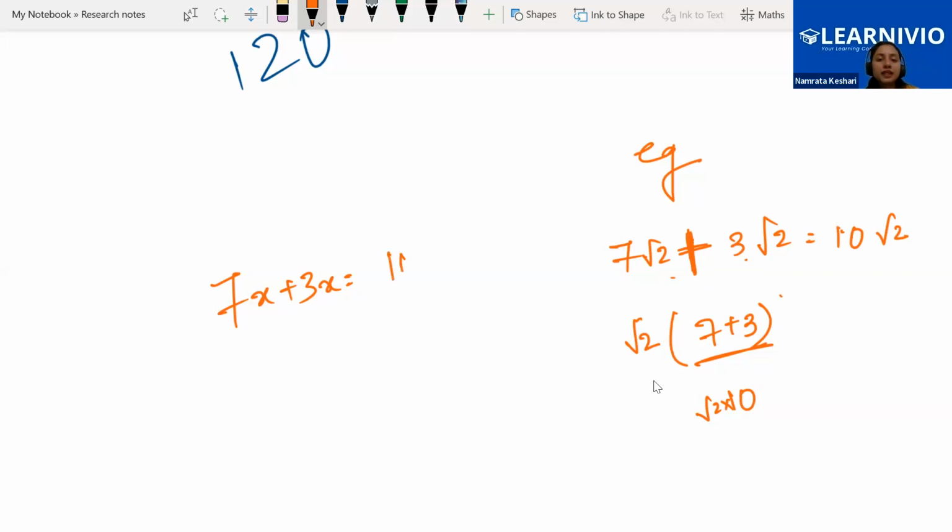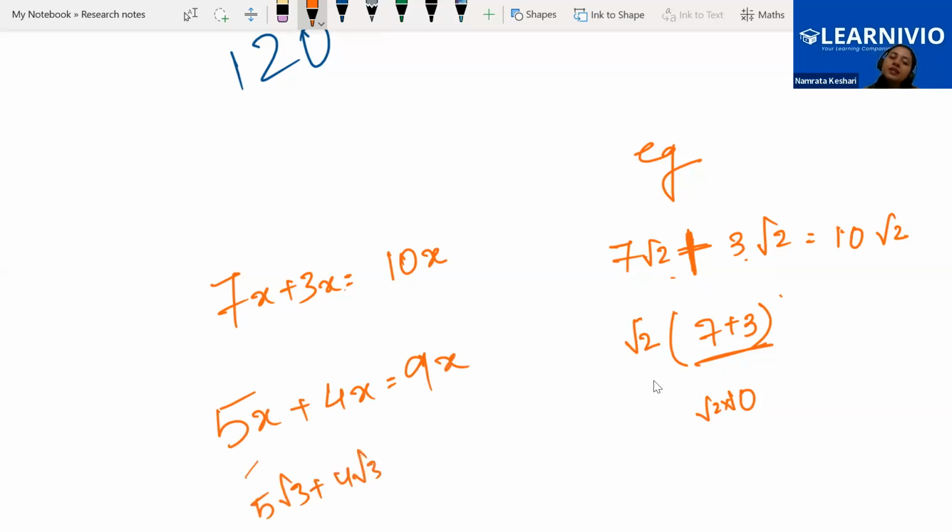Is it 10x? 7x plus 3x, 10x. If I'll give you 5x plus 4x will be what? Just add these two, which you have done maybe in class 7 or 8. 9x, right? 5 plus 4 is 9, right? Similarly, 5 root 3 plus 4 root 3 will be 9 root 3.